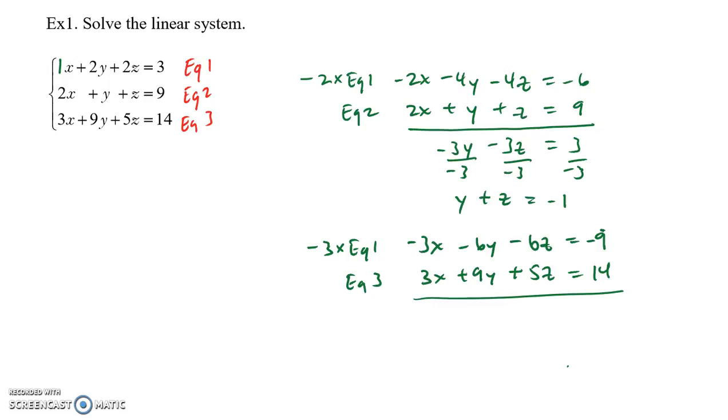And then adding like terms, the x terms cancel, the y terms add to give us 3y, the z terms give us minus 1z, and negative 9 plus 14 on the right hand side is positive 5.